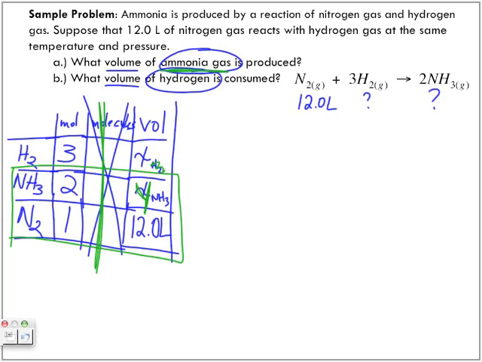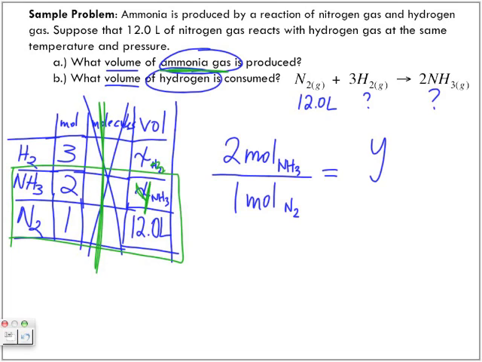We keep those numbers, so we've got 2 moles of the ammonia over 1 mole of the nitrogen gas. 2 moles is equivalent to whatever the volume happens to be, over the volume of the nitrogen, 12.0 liters. So all we're trying to do here is isolate for our unknown volume of ammonia gas. So we're going to bring this 12.0 liters over.